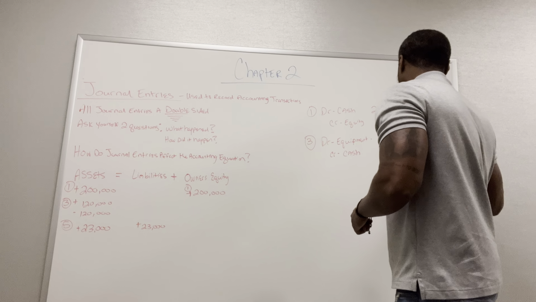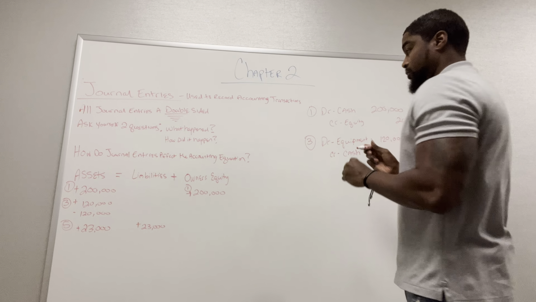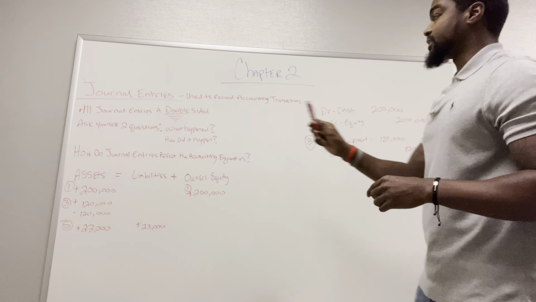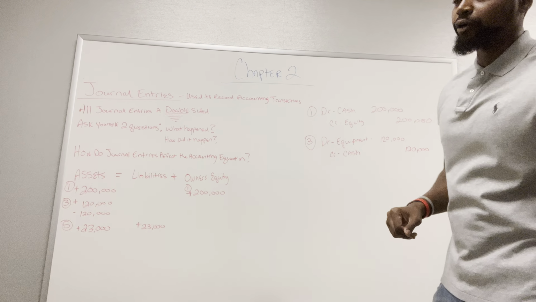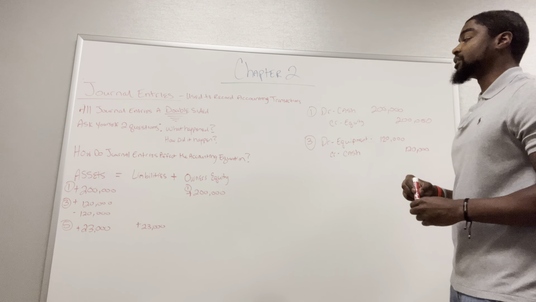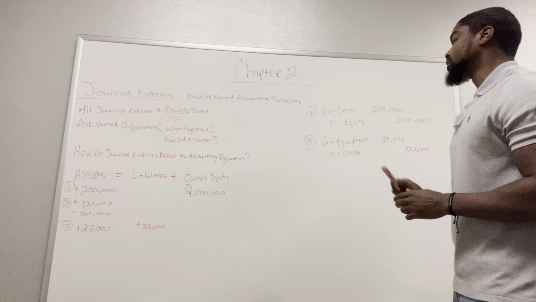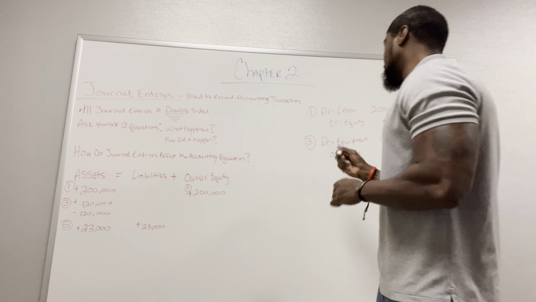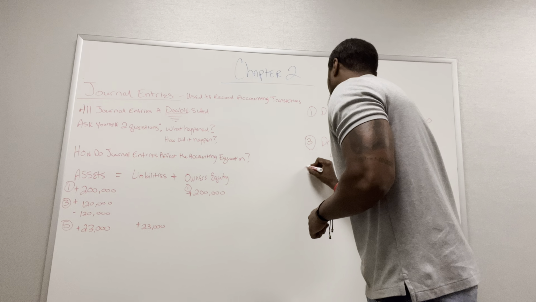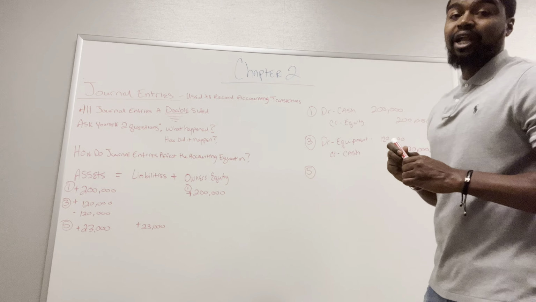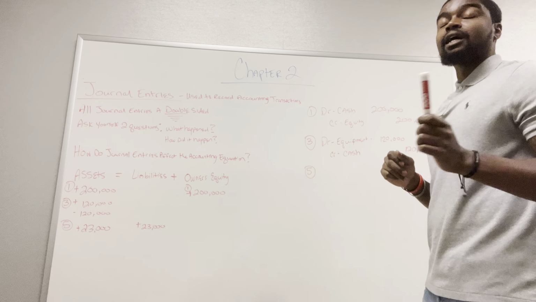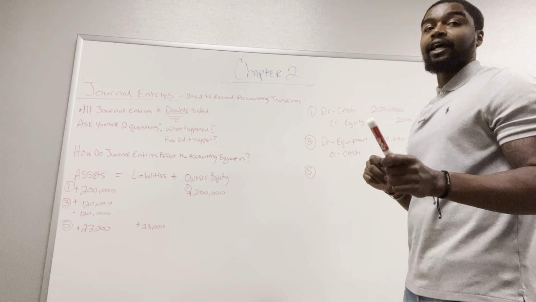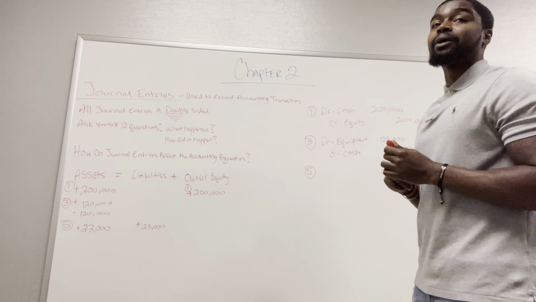So if we look at the question I asked, it says what happened? Well, we purchased equipment. How did we purchase it? With cash. That's really major because on the next transaction, transaction 5, we purchase supplies on account. Anytime it says that we purchase something on account, that means that we did not pay cash for it.